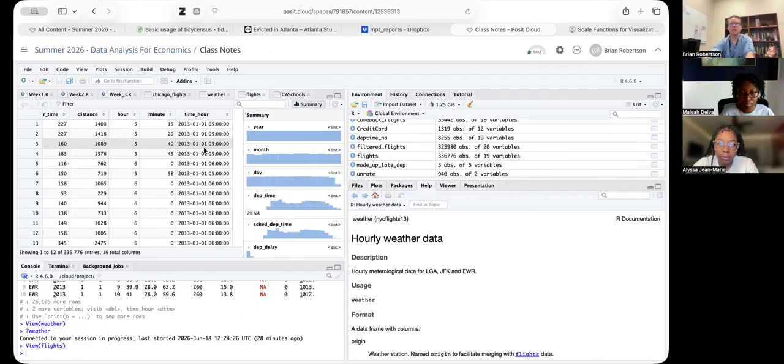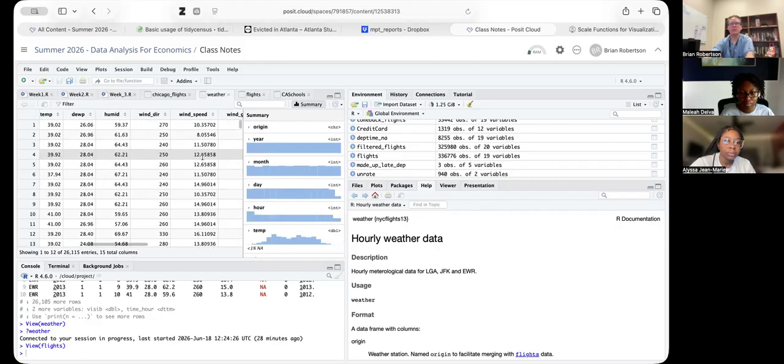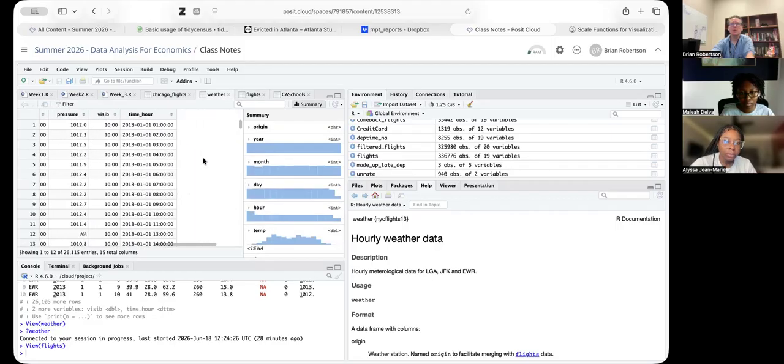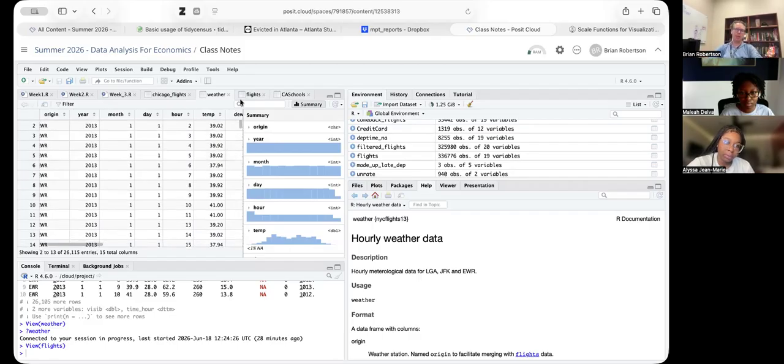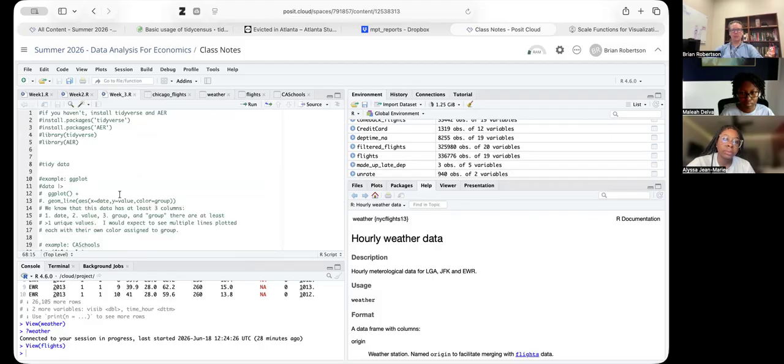So time hour is going to get me pretty close to what we want, within the hour, which is the nearest bit of resolution. Do I have a minute in here by chance? I do not. So time hour. The closest weather resolution we can get is within the hour, if that makes sense. So I've got flight data down to the minute, but weather data down to the hour. So let's merge these two together.